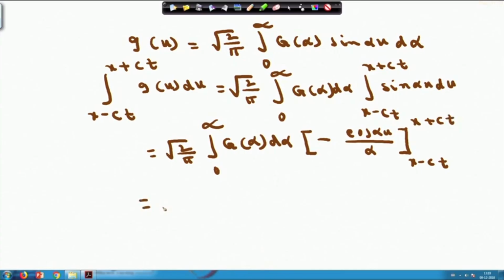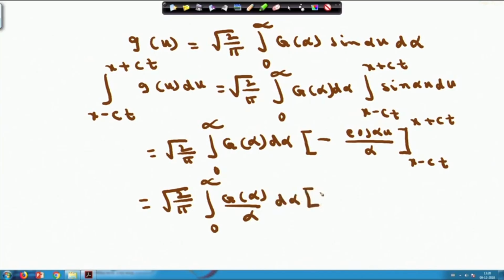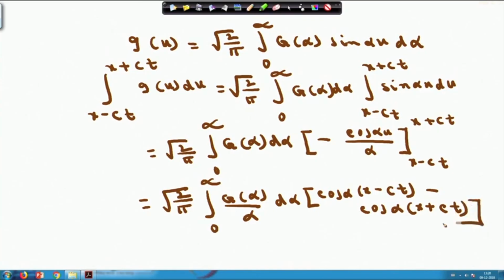If you substitute it, you will obtain root over 2 by pi, integral 0 to infinity, G(alpha) by alpha d alpha into cos(alpha(x-ct)) minus cos(alpha(x+ct)).